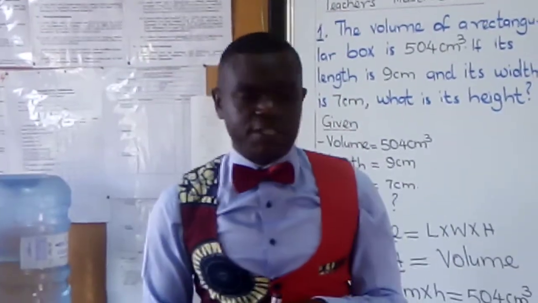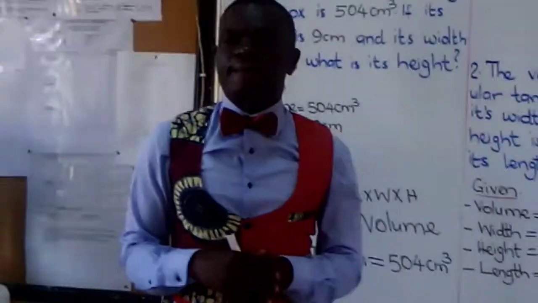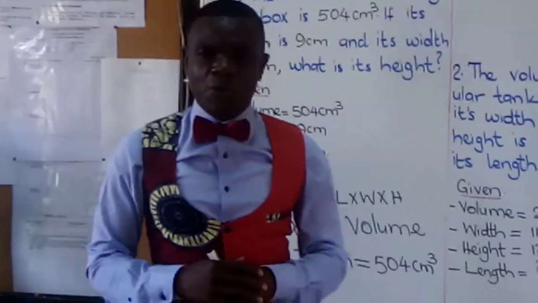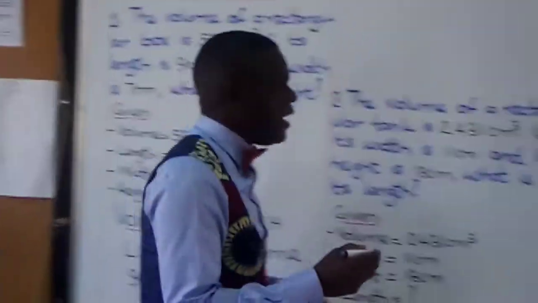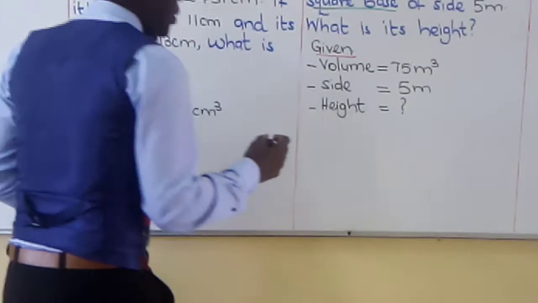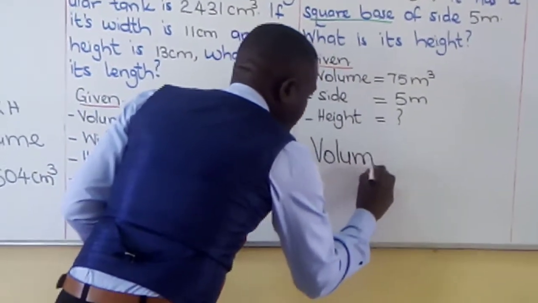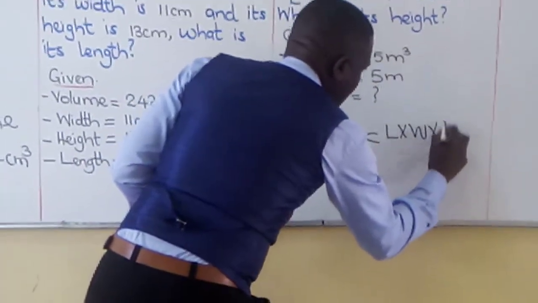Be attentive as I teach. So tell me, what is the volume, Trickster? Wonderful. Thank you. Clap for Trickster. The formula of finding the volume of a rectangular box is volume is equal to length times width times height.